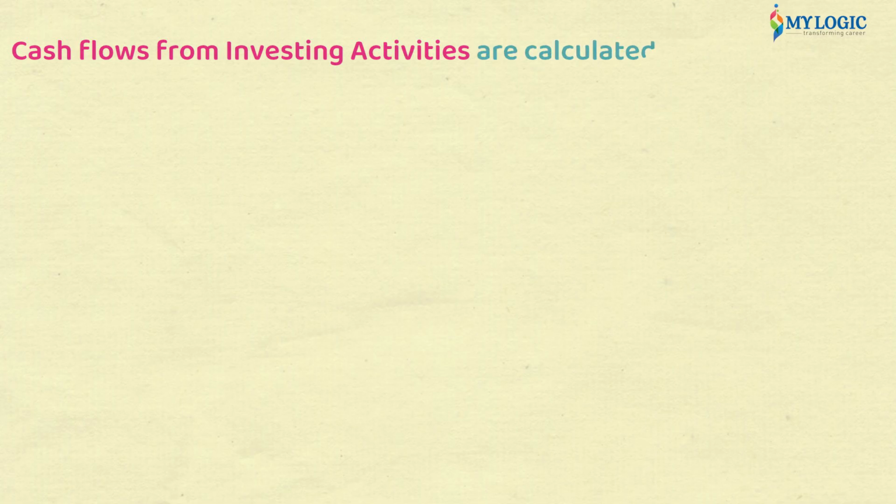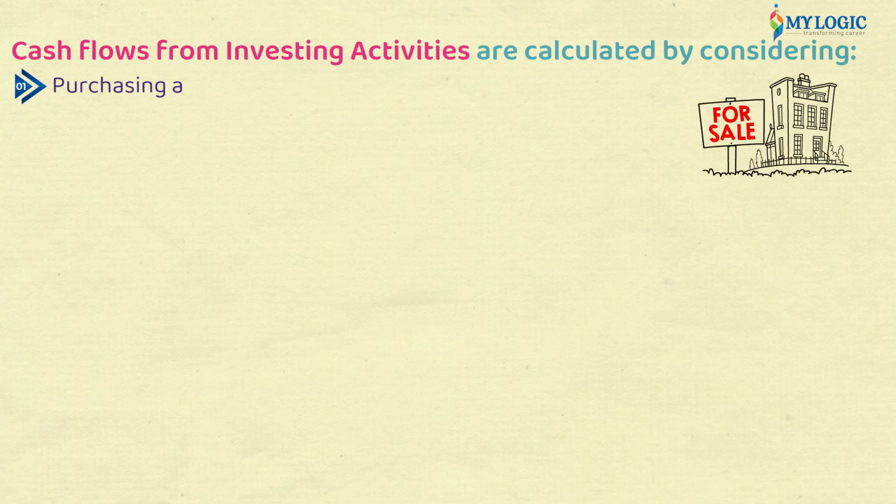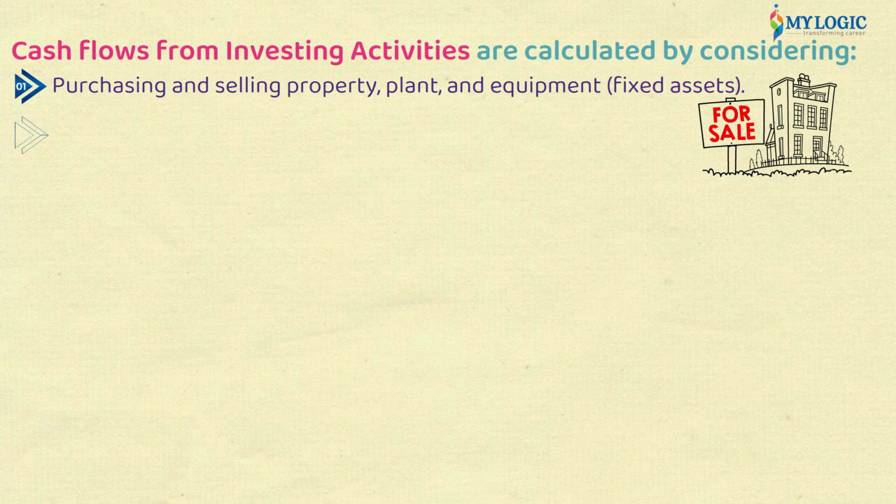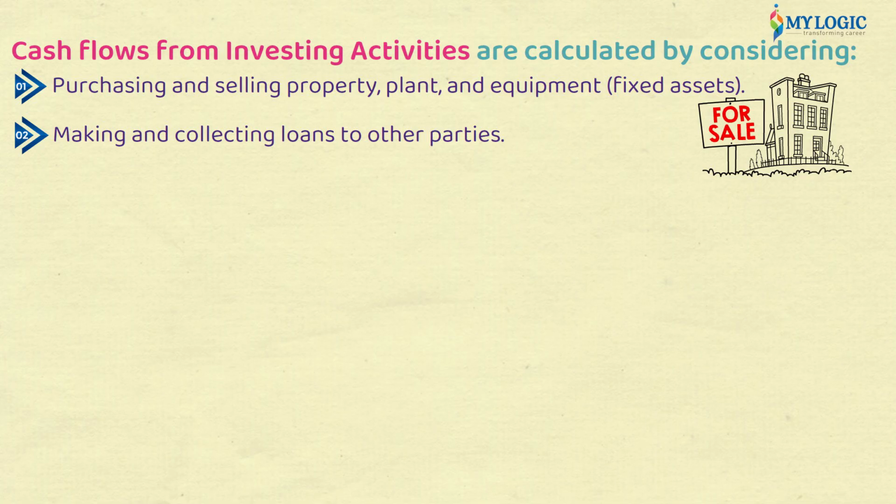Cash flows from investing activities are calculated by considering: Number 1. Purchasing and selling property, plant, and equipment, fixed assets. Number 2. Making and collecting loans to other parties. Number 3.